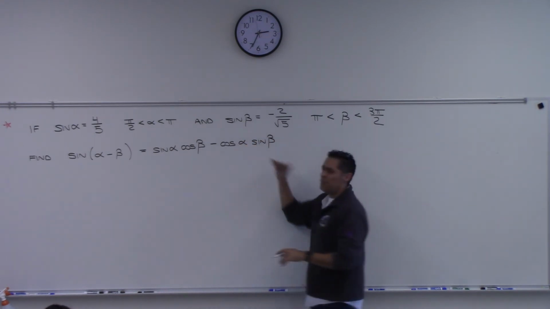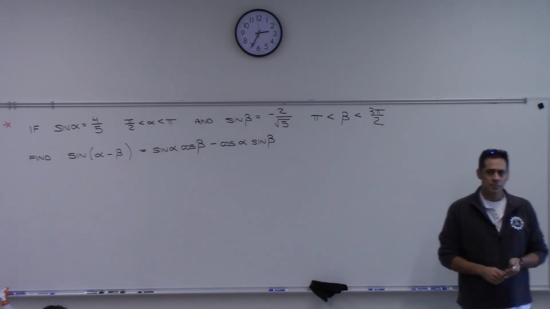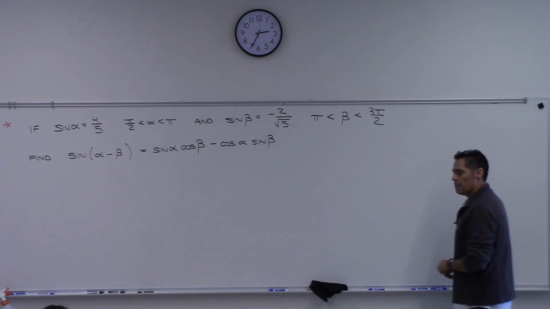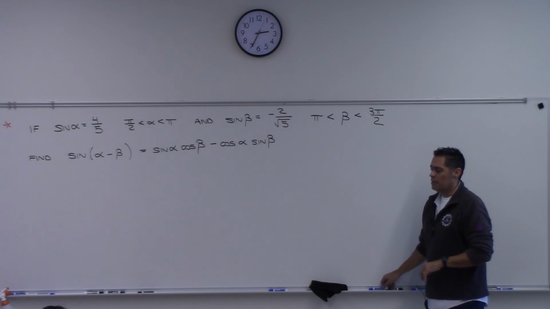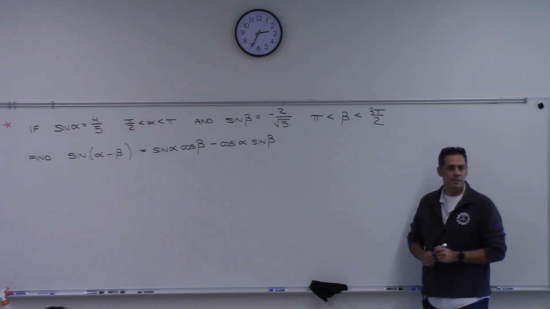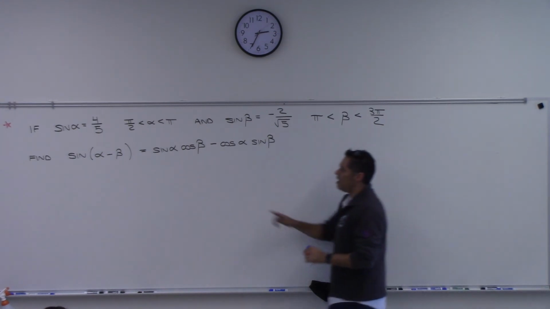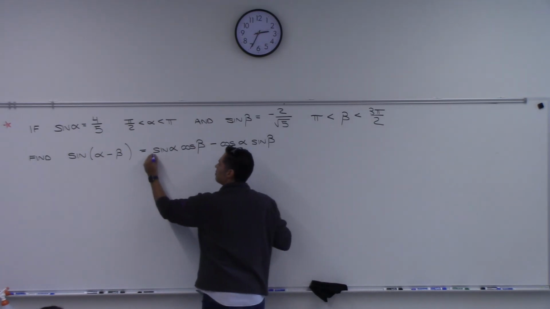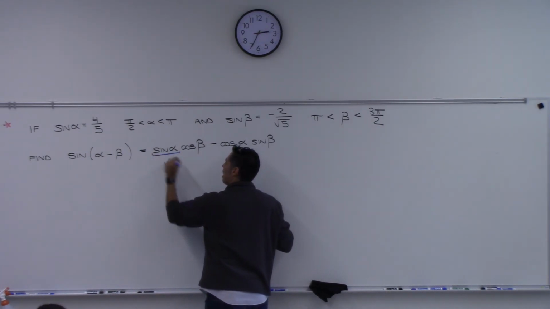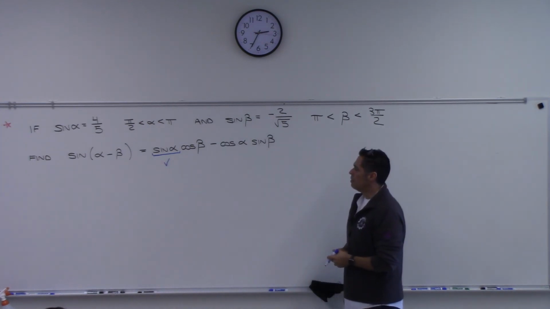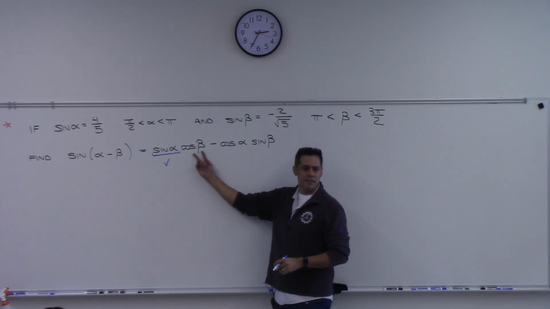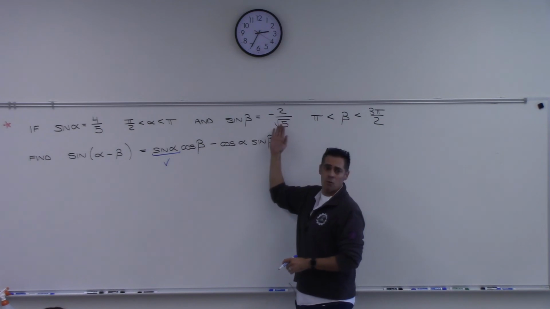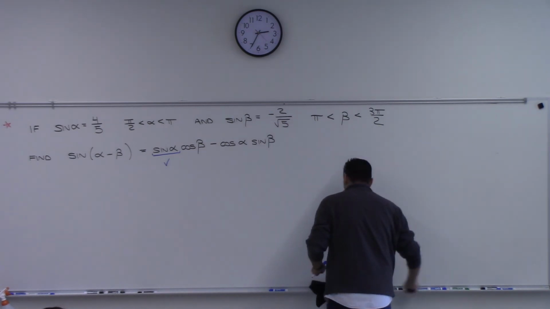That's just the formula. Now, do we know any of this? Do we know what sine of alpha is? Yeah, we're already given this, so I'm going to put a check. I know what that is. Do you know what cosine of beta is? No. Okay, so I don't know what that is.